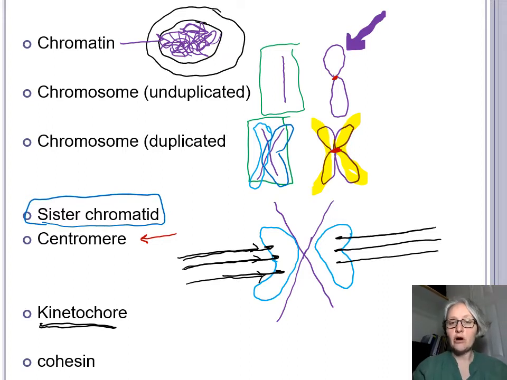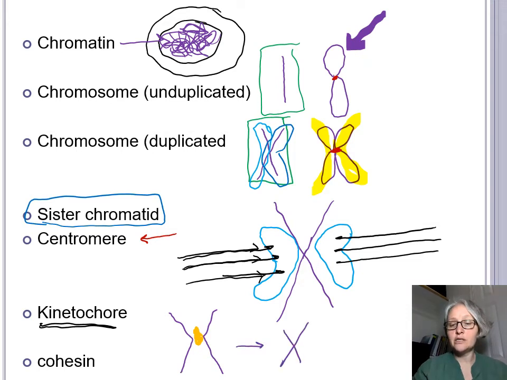Lastly, we want to talk about a cohesin molecule. When we look at a duplicated chromosome, we have one sister chromatid and a second sister chromatid. To hold them together, there's a molecule in between them that's right here. Think of it sort of like glue or sticky tape that's holding those two sister chromatids together.